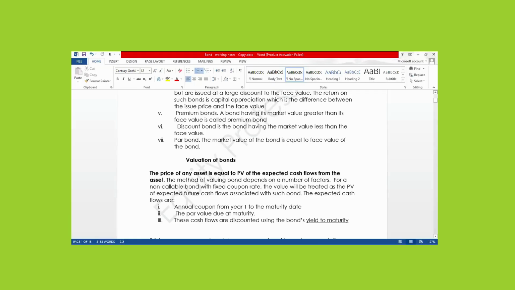For example, if the market price of the bond is 92 naira, we know the face value to be 100 naira. 92 naira is lower.